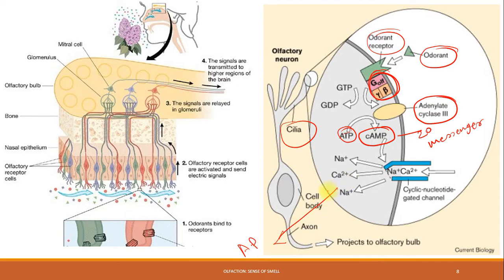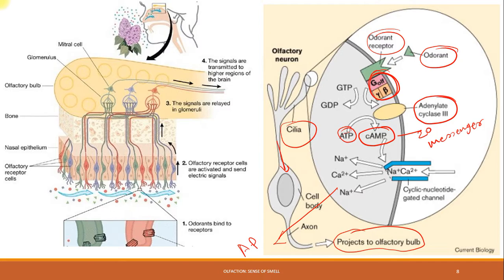Till the threshold is reached, this electrical impulse generated in the cell is called the generator potential. But when threshold is reached, it is called an action potential, which then travels along the axon of the olfactory receptor cell and projects to the olfactory bulb.